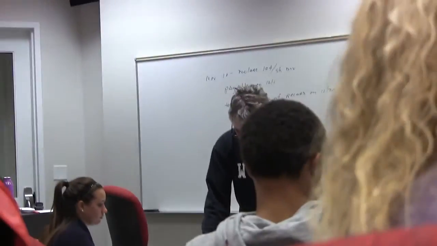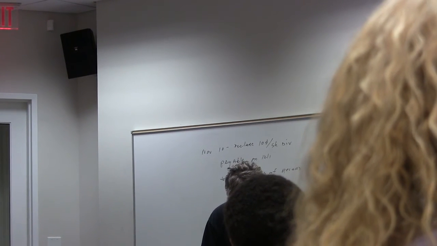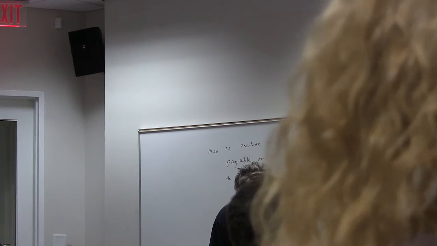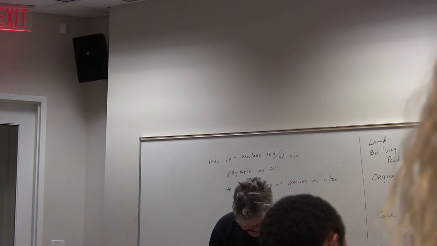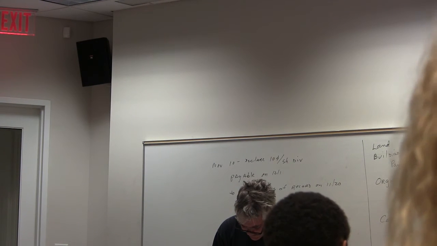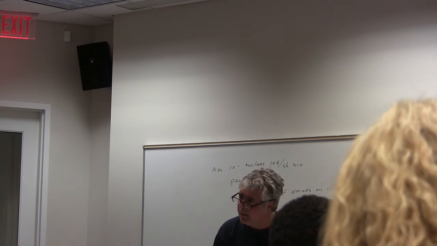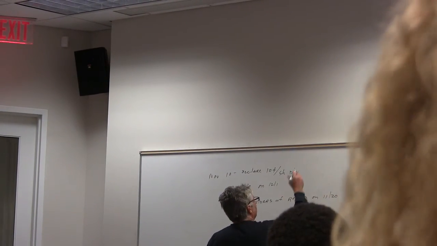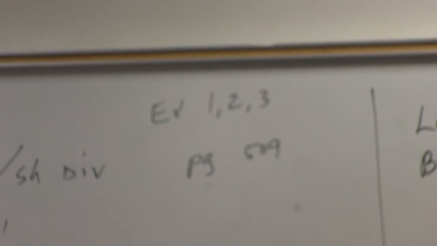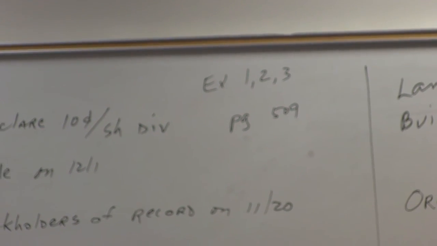The only thing you need to worry about is issuance, the basic facts, and if you would do for me exercises 1, 2, and 3, page 509. And read some of the chapter, okay? There's tons of stuff she can get out of the chapter for conceptual questions here.